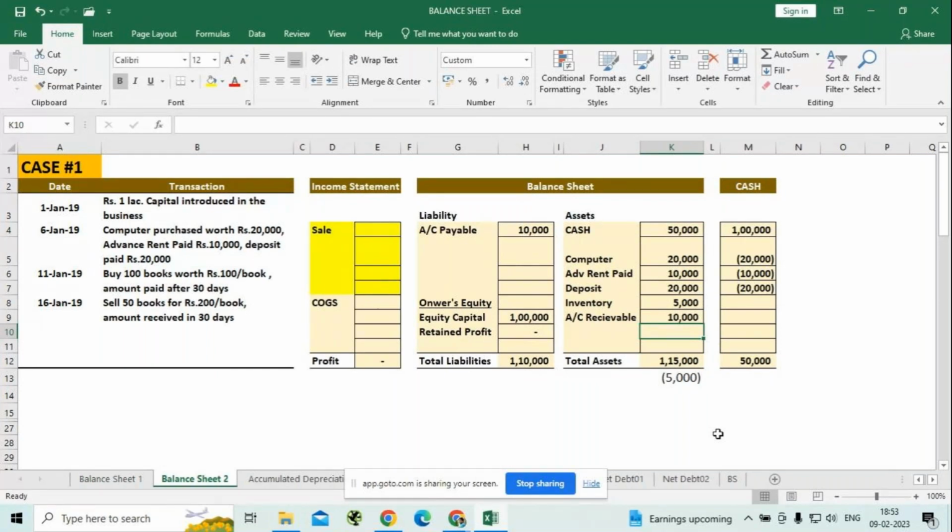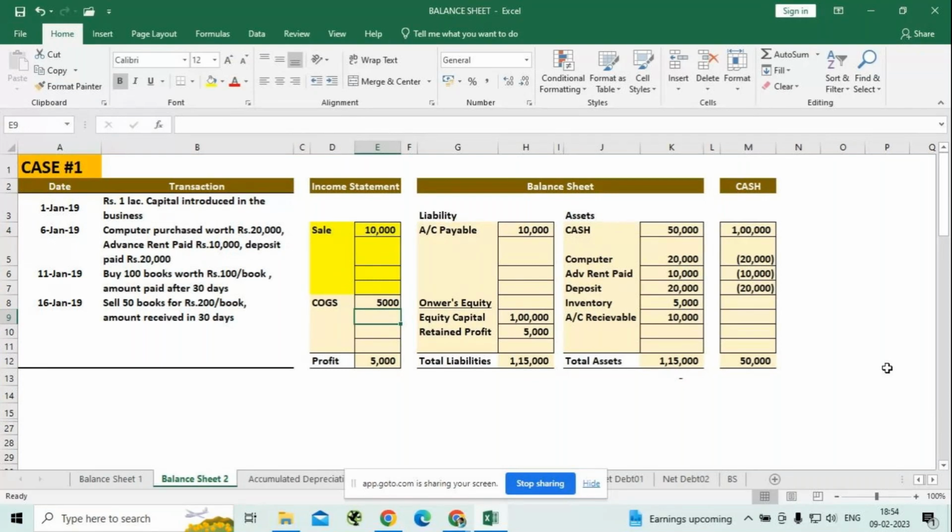Okay. So now when there is a purchase and sales involved in the business, the income statement will appear. So the income statement says about the sales. So how much sales happened? 50 into 200, so 10,000. At the same time, to make this 10,000, we have spent 50 into, that is the units sold into, the purchase cost of 100.